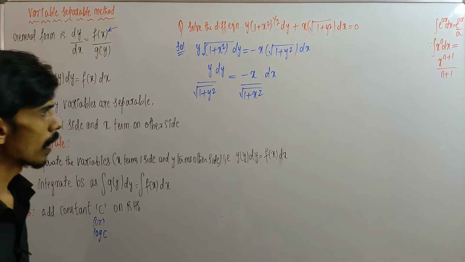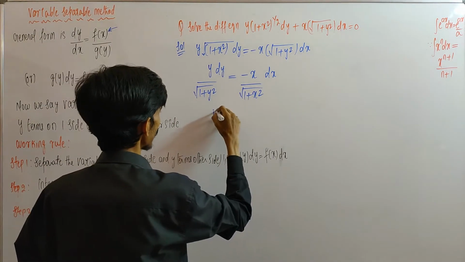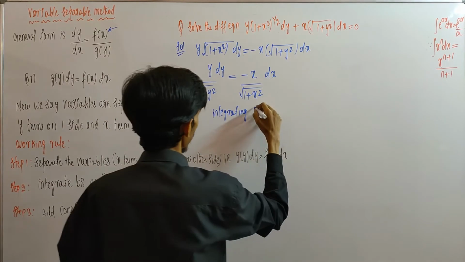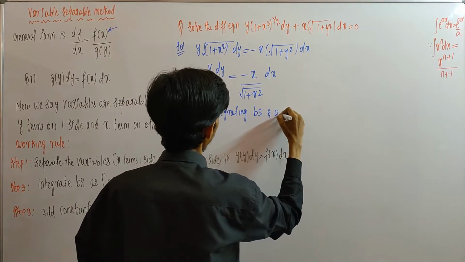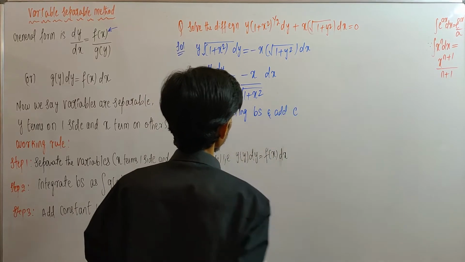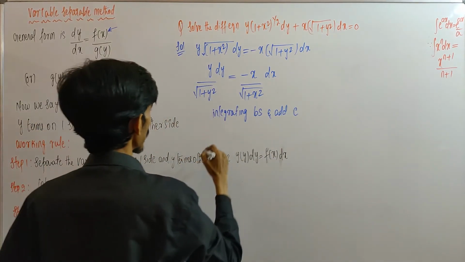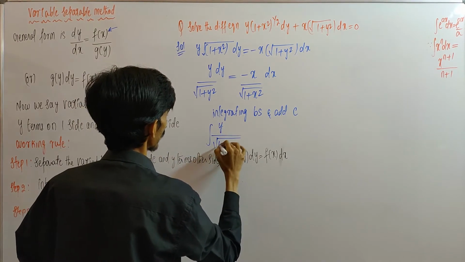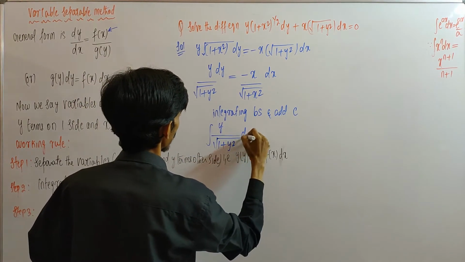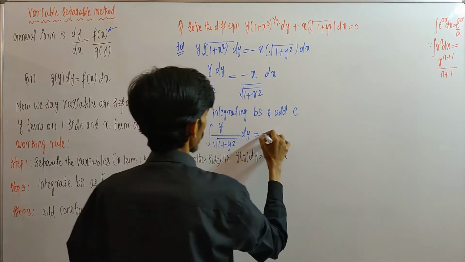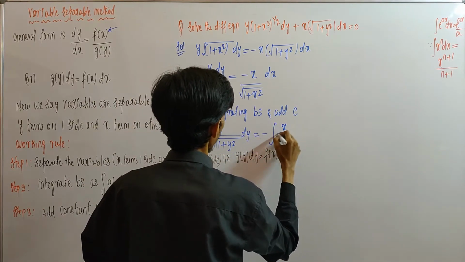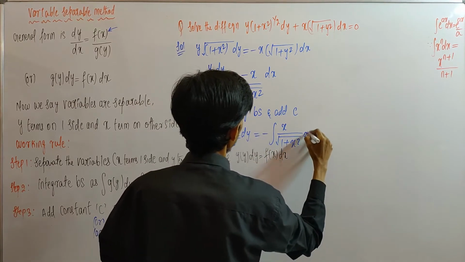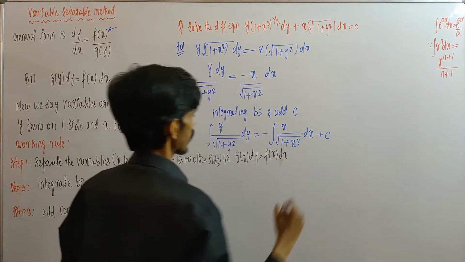Step 1 is over. Now apply step 2, that is integrating both sides, adding constant c. So this will become integration y upon root over 1 plus y square dy is equal to minus integration x by root over 1 plus x square dx plus c.